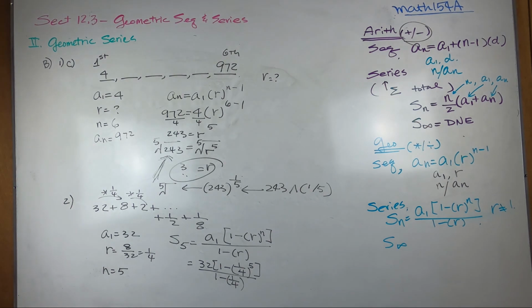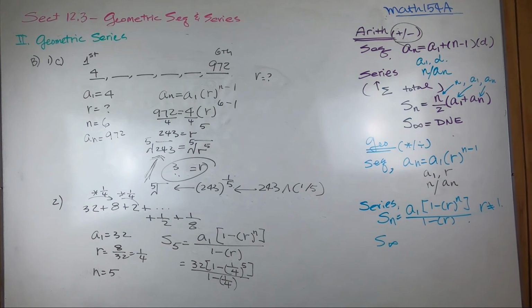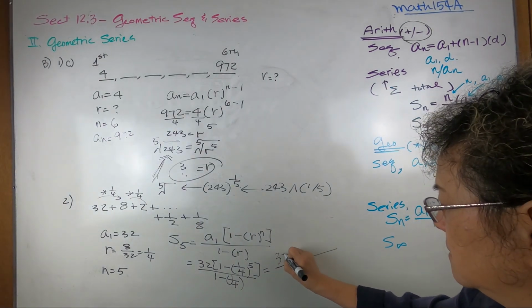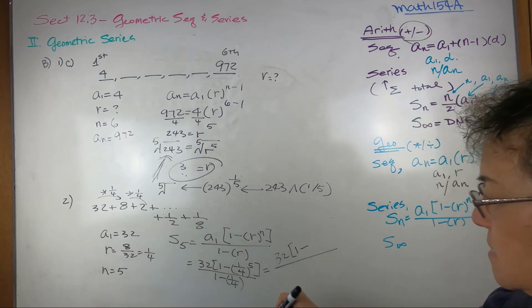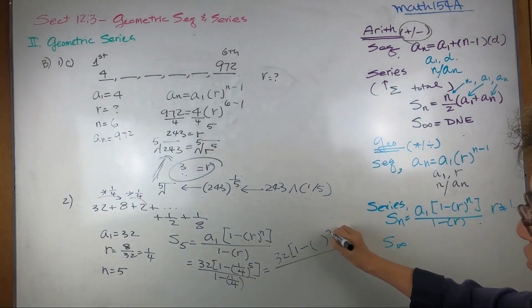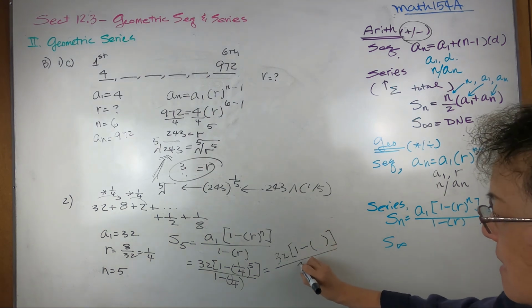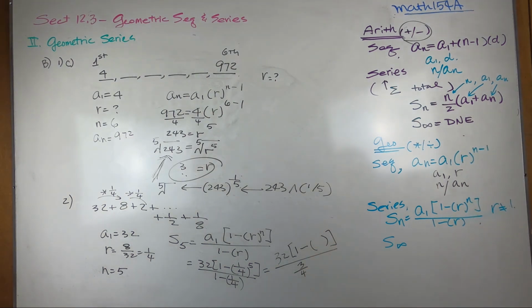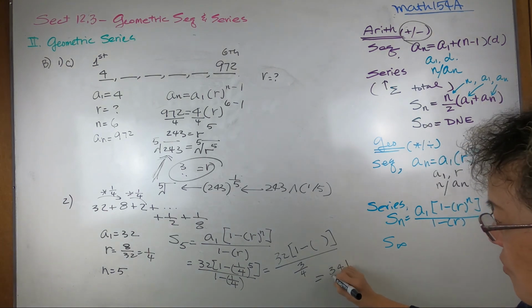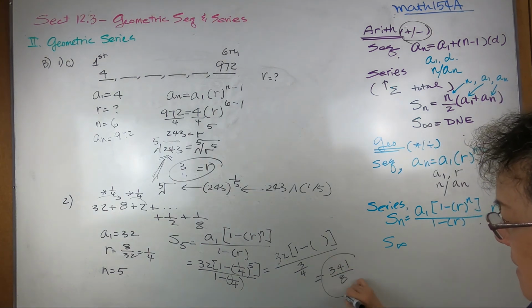You need to know how to handle fractions like this, right? Otherwise, we really don't know what to say. 1 minus 1/4 to the 5th power, right? So you get fractions, you subtract them and divide by 3/4. Okay, so the answer is 341/8.